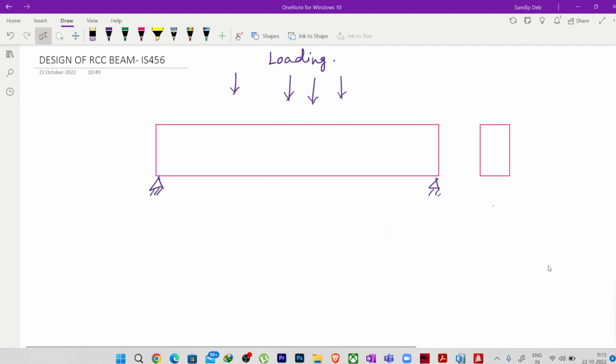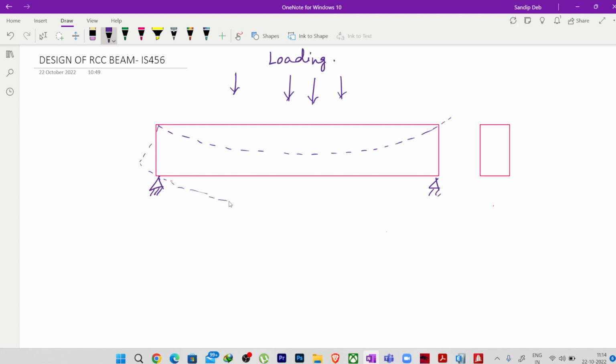Due to this loading, the beam is going to bend in this way. As it is a simply supported beam, there will be no restraints at the support. It will bend in this way.